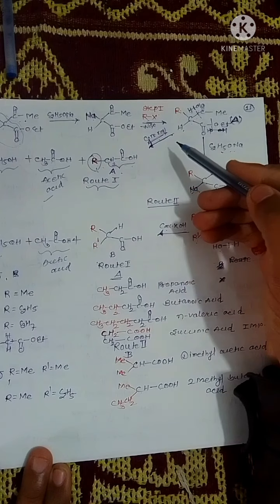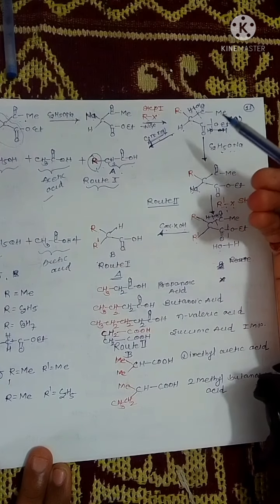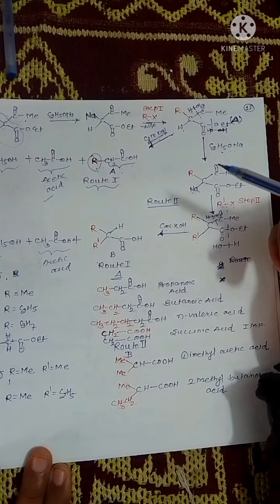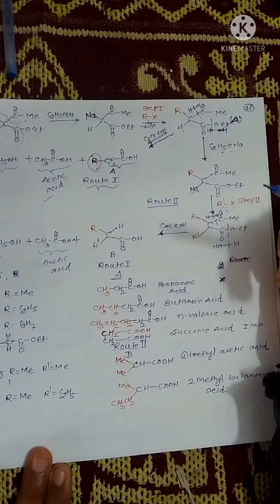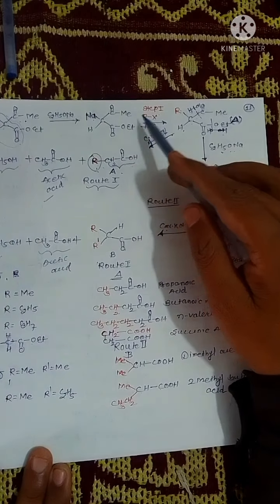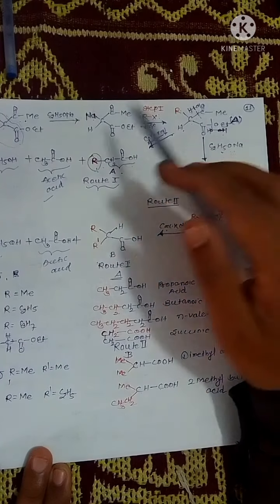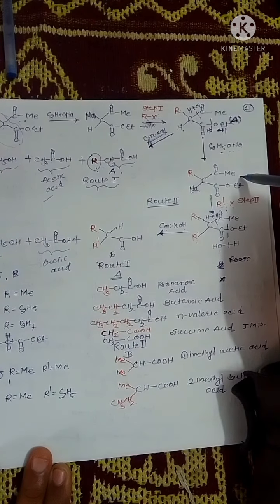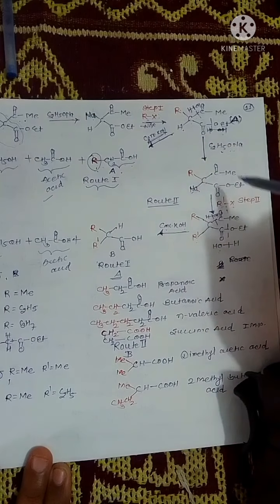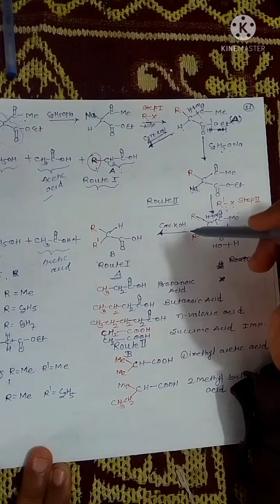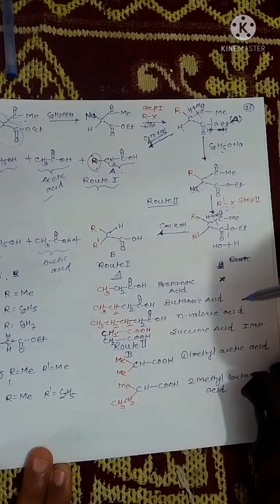But if we want to synthesize branched monocarboxylic acid, we have to repeat this reaction sequence. That is, we have to take C2H5ONa again, then we again add alkyl halide, and then the concentrated KOH is added.